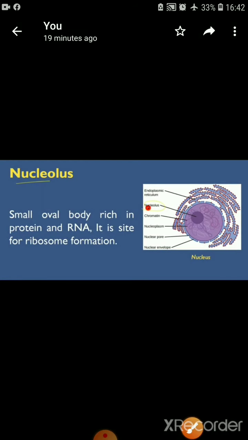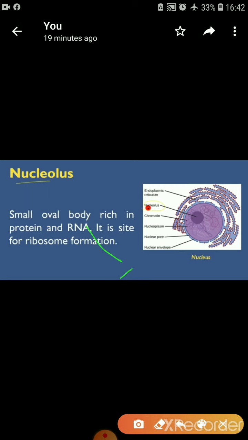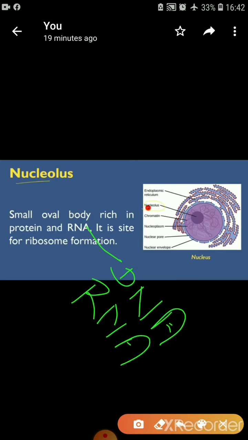Generally, there are two types of genetic material, that is DNA and RNA. In further classes you will study this in detail. Here you have to understand that DNA and RNA are genetic material, isn't it? And what is the full form of DNA?